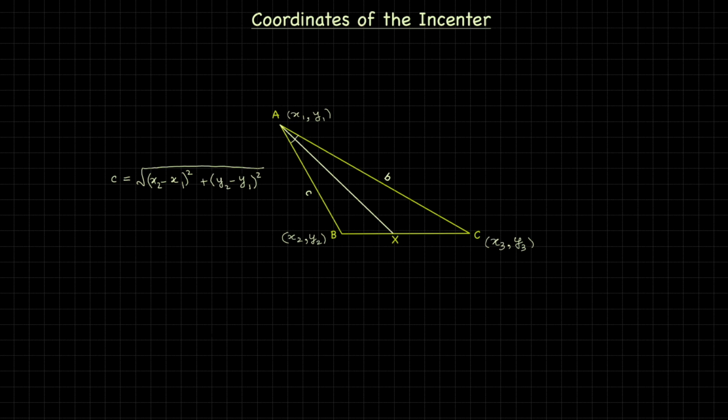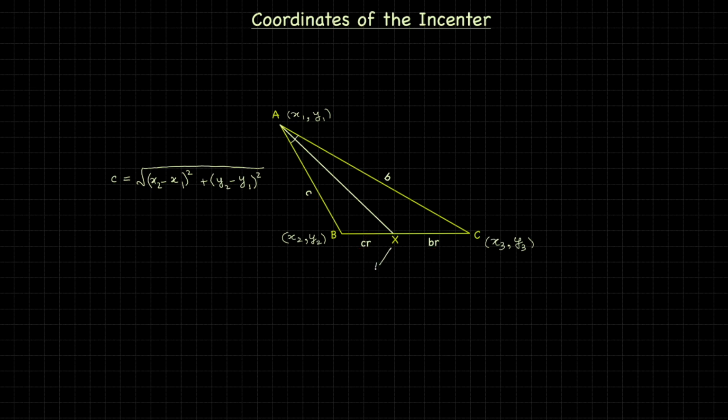Since AX is an angle bisector, it follows from the angle bisector theorem that the ratio BX to XC is c to b. So here I have marked BX to be of length cr and XC to be of length br, such that the ratio is c to b. R can be any arbitrary multiplier.